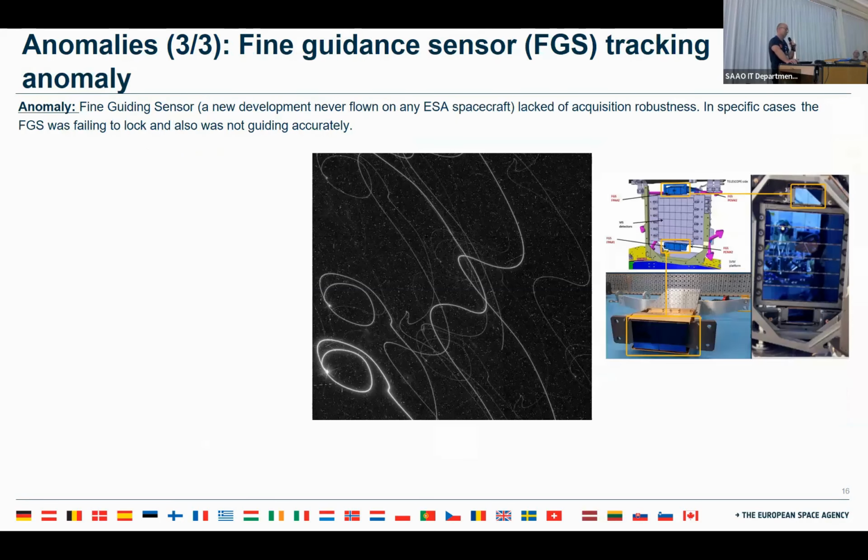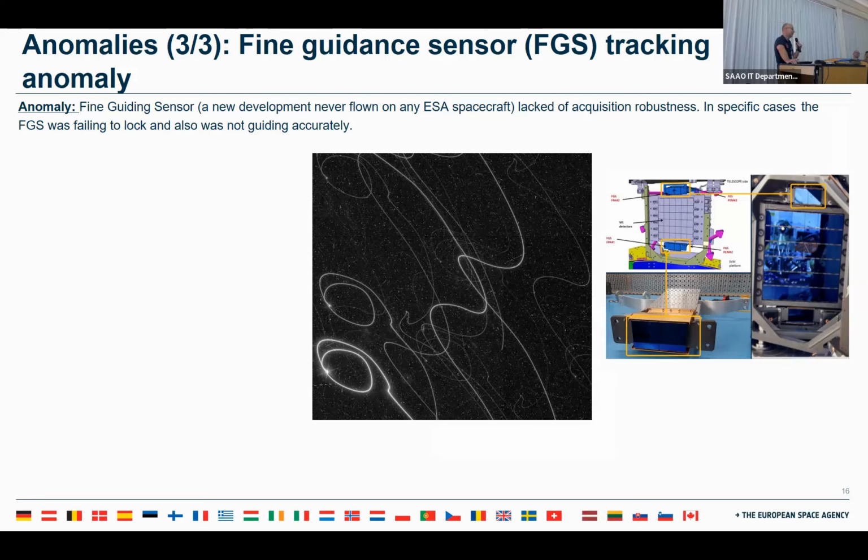And the third problem was that the guiding was not working perfectly because the fine guidance sensor was confusing guide stars with cosmic ray events, and a double imaging technique had to be implemented to subtract images on board.